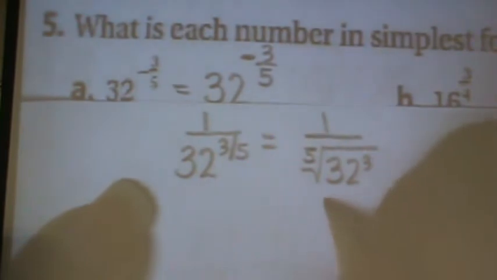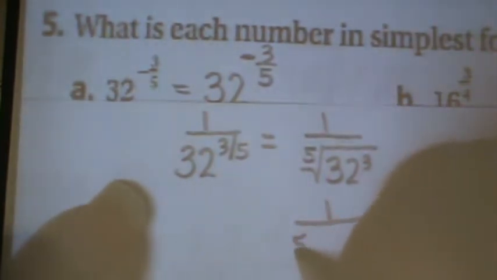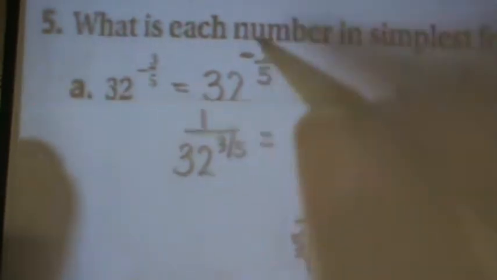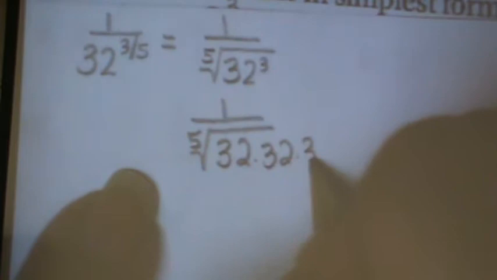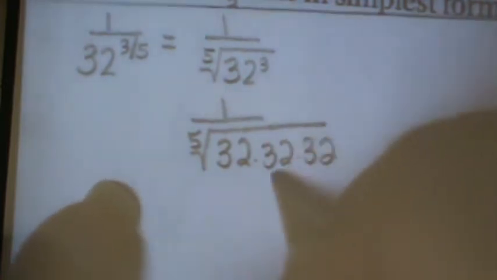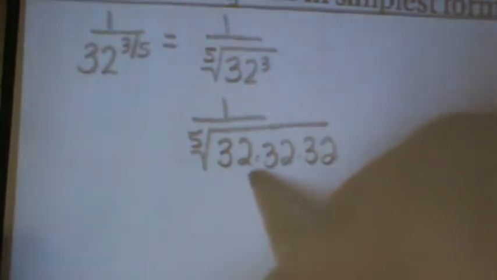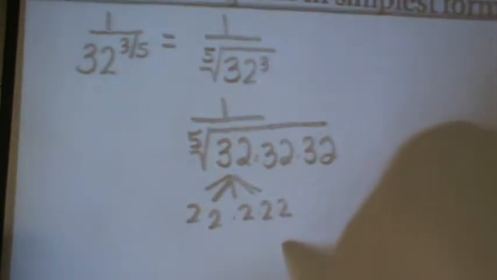So do you agree that you're looking for 5 of a kind, but you have 3 32s? Break it down. Does anyone know what 32 consists of? 5 2s. Good, so you have 2 times 2 times 2 times 2 times 2.